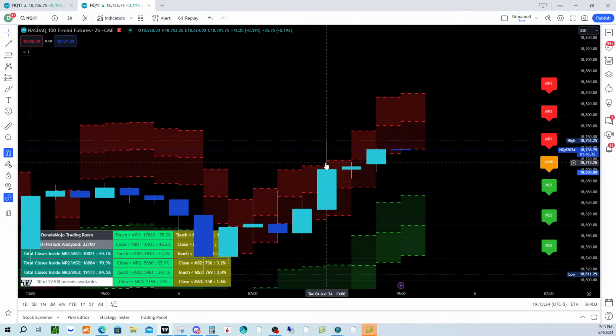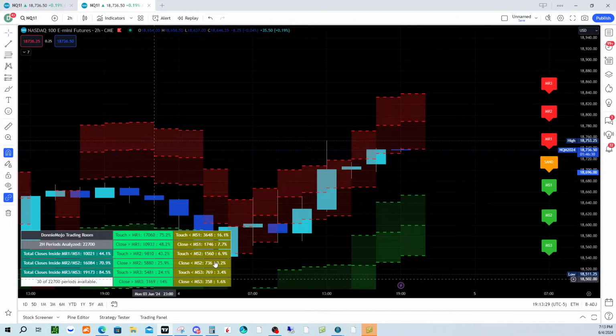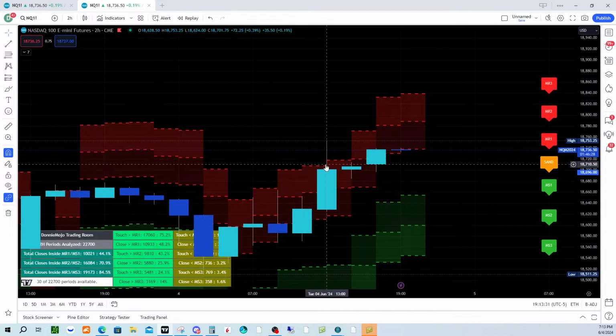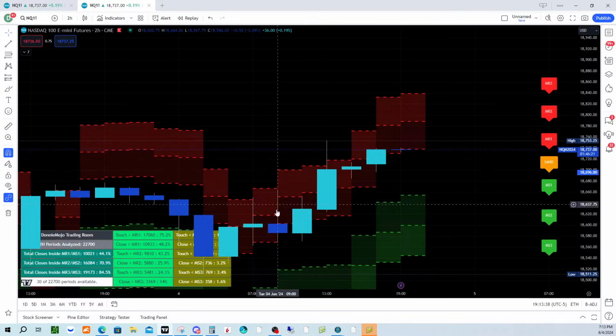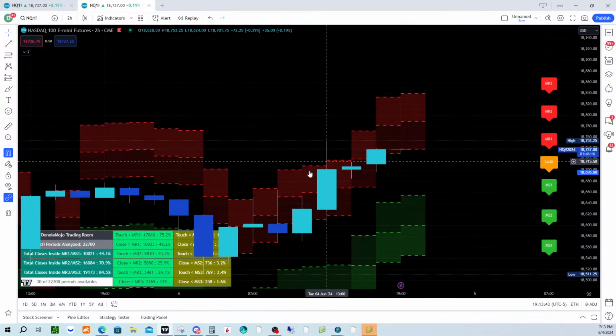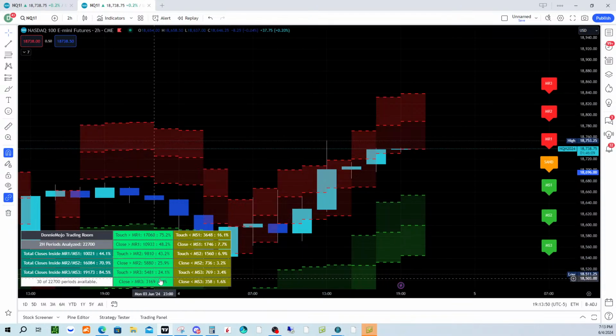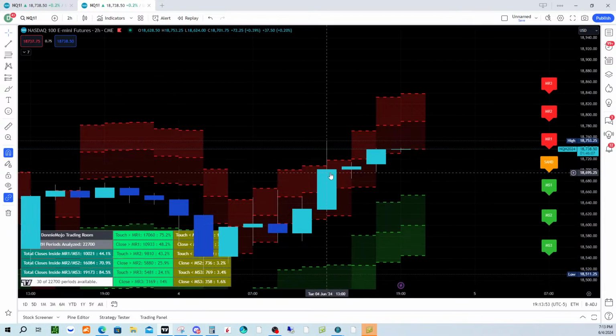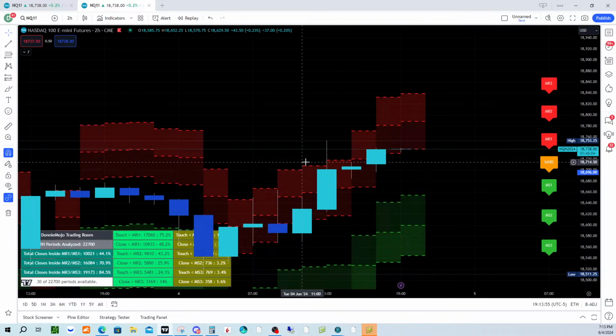This is an example of that. It touched the third line right here, moved greater than it, blew through it, and then came right back down to close below it. The only time it blew through it and stayed up here, closing above there, was 14% of the time. So if you're looking at the probabilities, you can adjust this any way you want to.